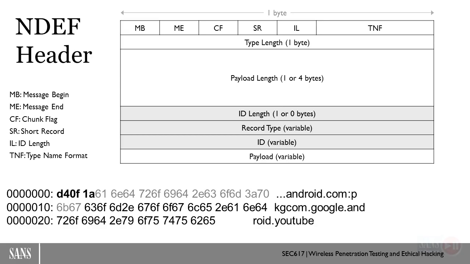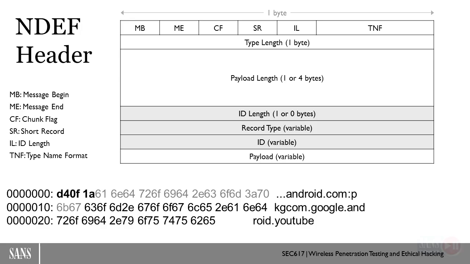Looking at this one, we have the contents of the NDEF header and then telling us the record type for our TNF. Looking at this one, we're being told that we're referencing a specific package on Android.